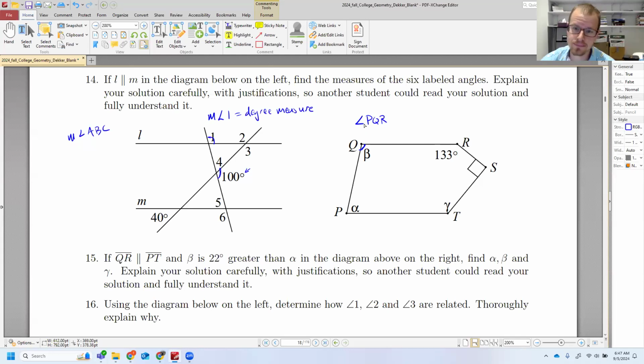We're comfortable with that. We could also talk about the measure of angle PQR. This has some degree measure or some radian measure. But in this case, what we're saying is that that degree measure is beta. So beta is a measurement. We just don't know what that measurement is.